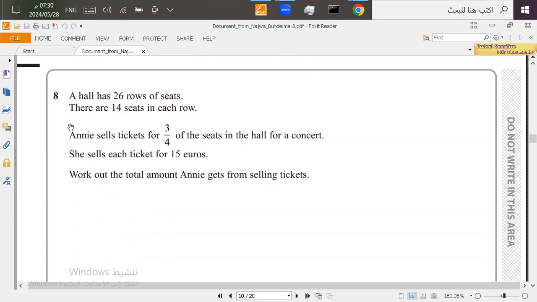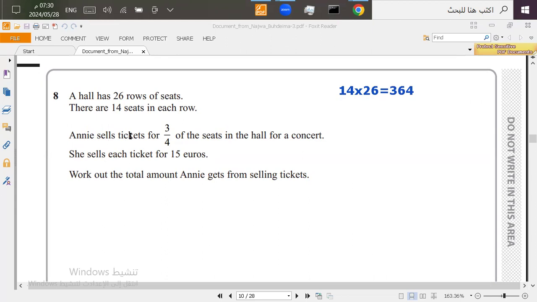So we're going to multiply the rows by the number of seats. So 26 times 14, and the answer is 364. So we have 364 seats in total.